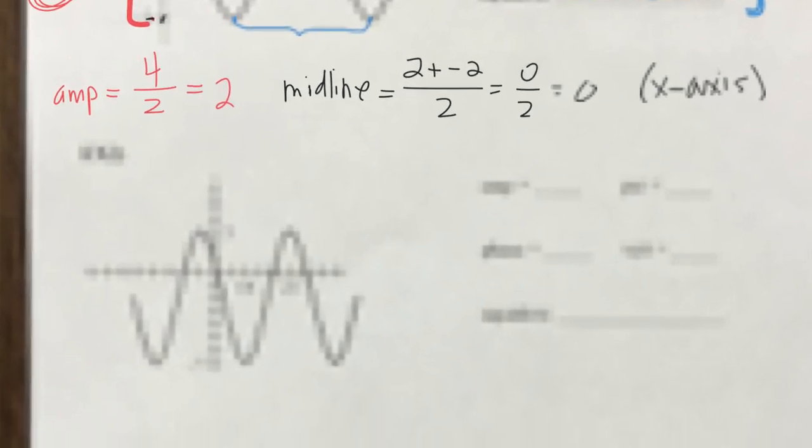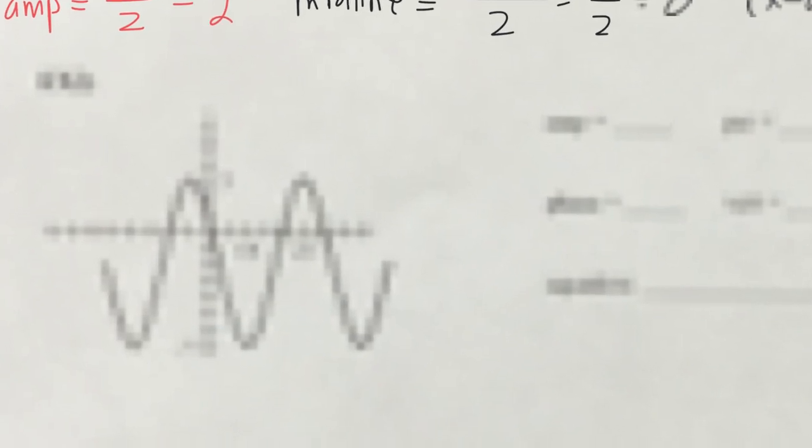Okay, look at number 2 here. What is the amplitude of this graph? Well, if we look at the total displacement, that's from positive 3 down to negative 7. Positive 3 to negative 7 is how many units?